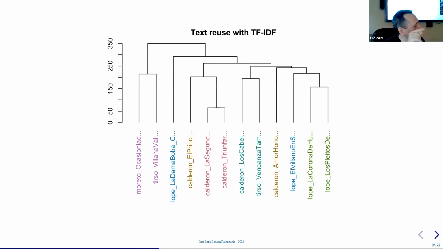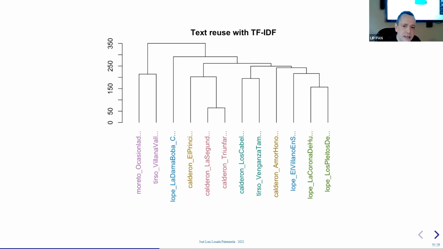I was not sure about showing this because I did not really elaborate the approach, but it was the first attempt. I selected a small set of plays with known reuses and then applied TF-IDF to it, which evaluates how relevant a word is to a document in a collection of documents. It's done without removing punctuation and function words.